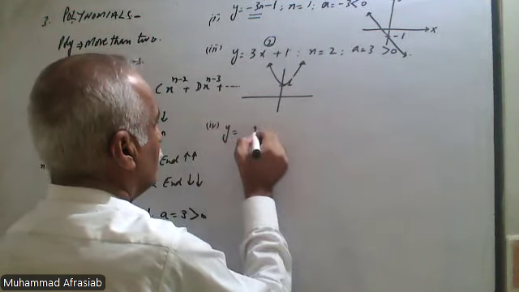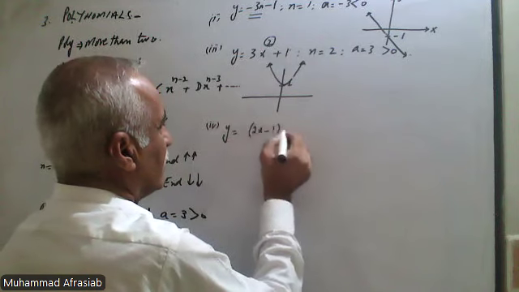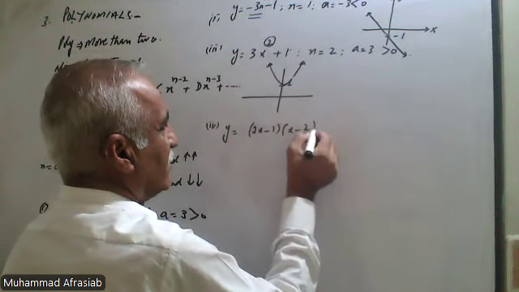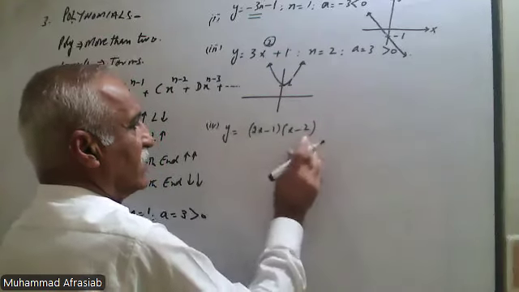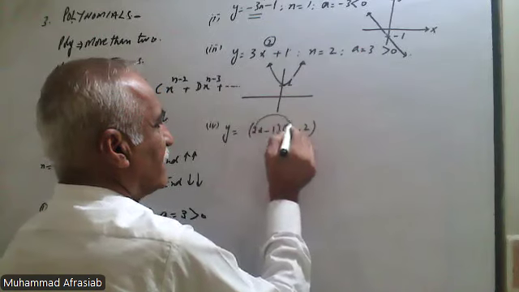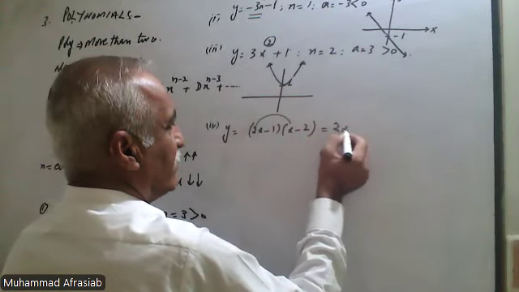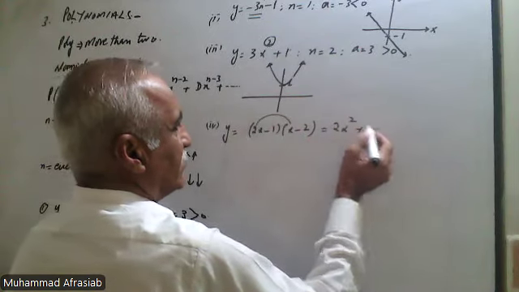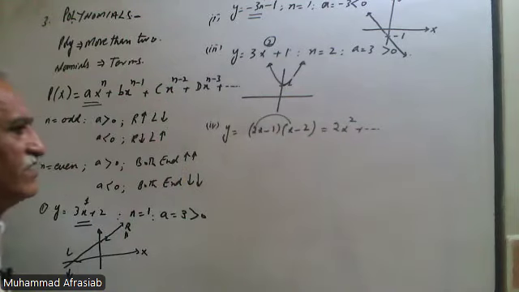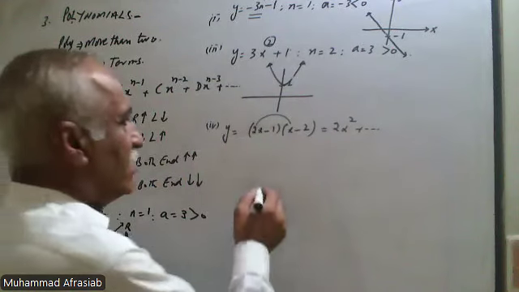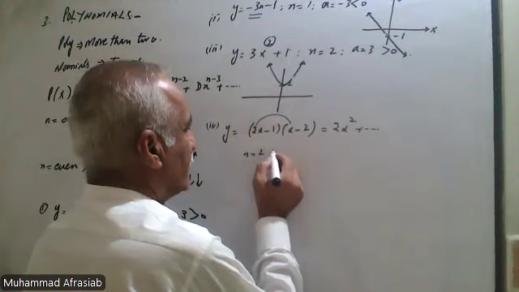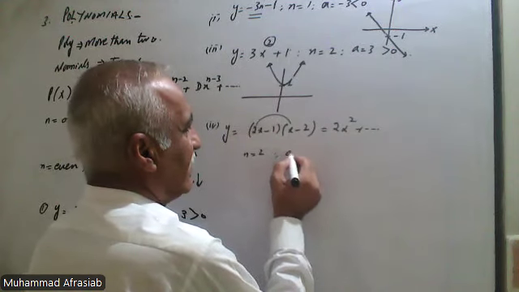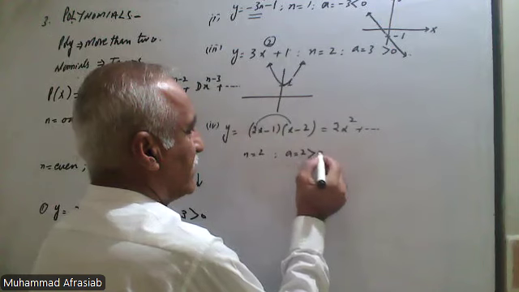y equals (2x minus 1) into (x minus 2). Now, if we multiply this, we just need the coefficient and the highest power. It will be 2x^2 plus something. We don't even need the next terms; we just have to draw the sketch of this. Here n is 2, which is an even number, and a is equal to 2, which is greater than 0.